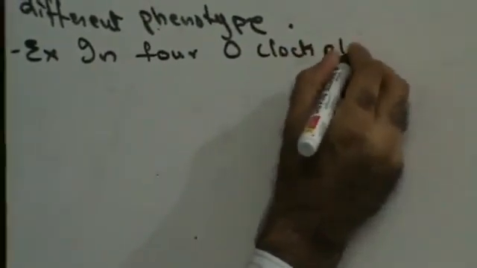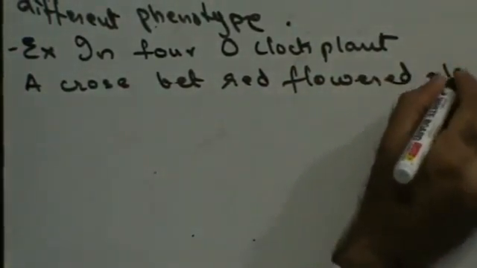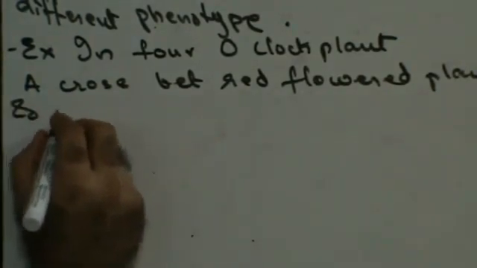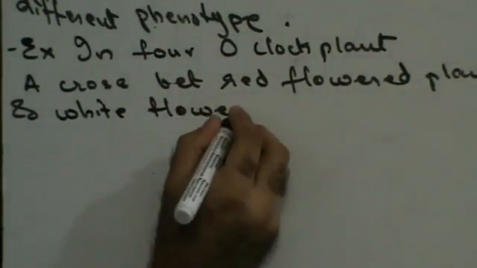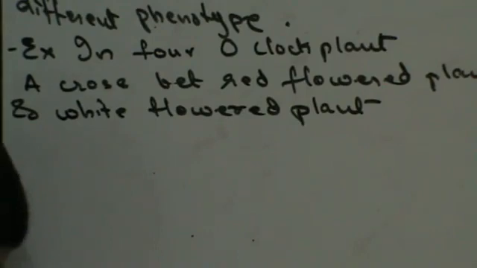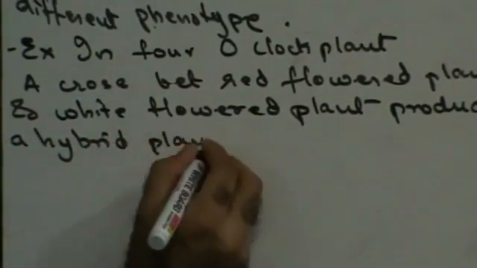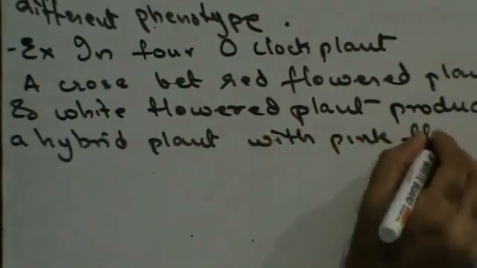Example, in a plant by the name of the 4 o'clock plant, a cross between a red flowered plant and a white flowered plant produces a hybrid plant with pink flowers in the F1 generation.